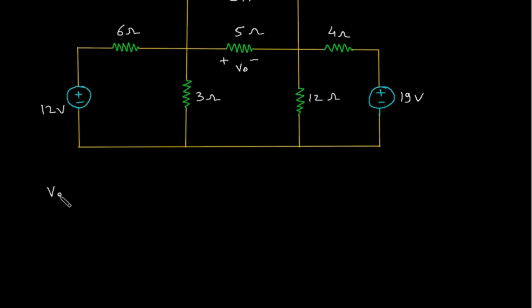So let's say Vo is equal to V1 plus V2 plus V3.